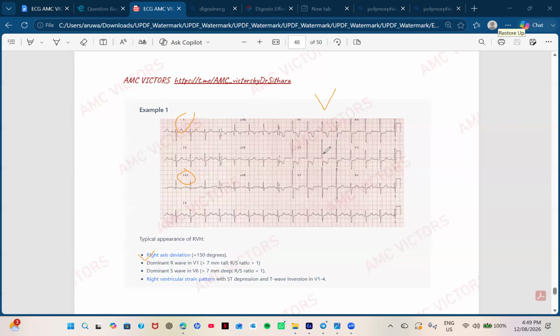That means they are going to meet, right? Think this way. They are going to meet. Think of right axis deviation as lovers, boyfriend and girlfriend. They are going to meet, right? Okay, this is for the right axis deviation.